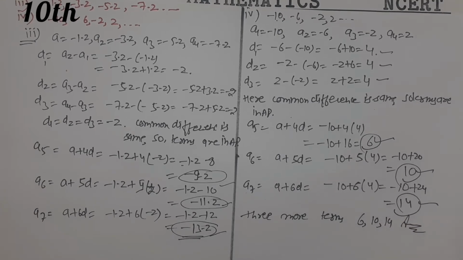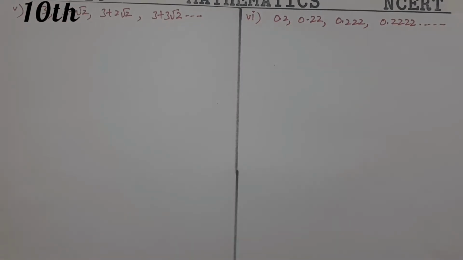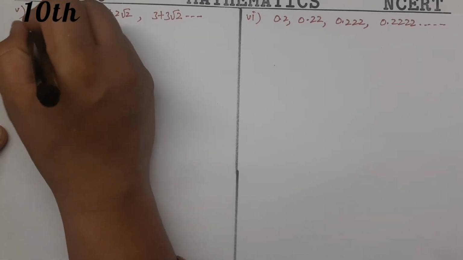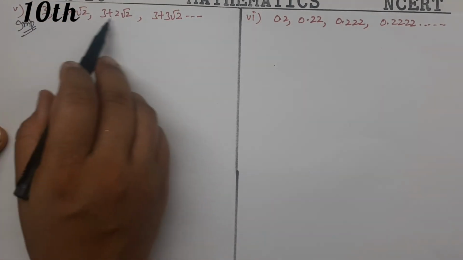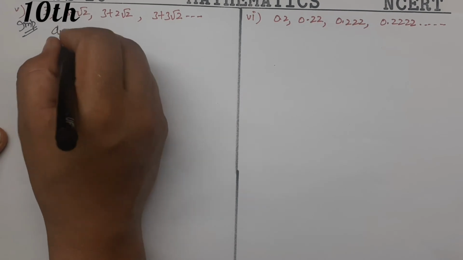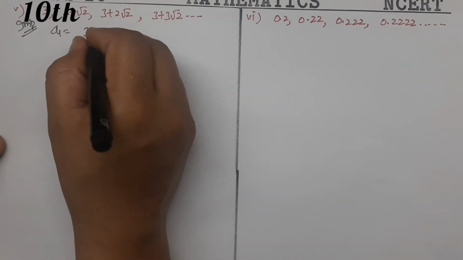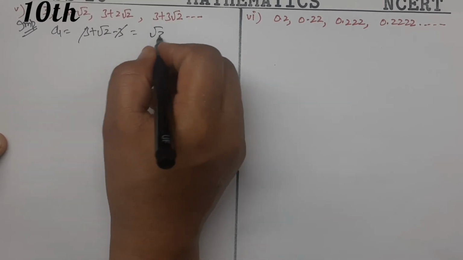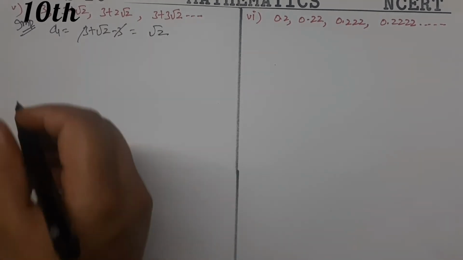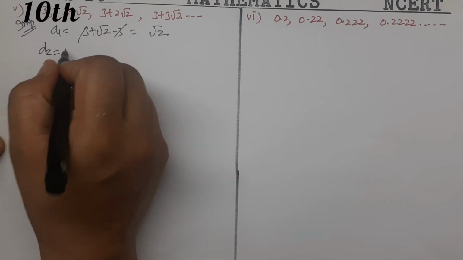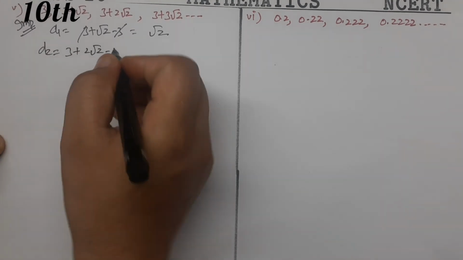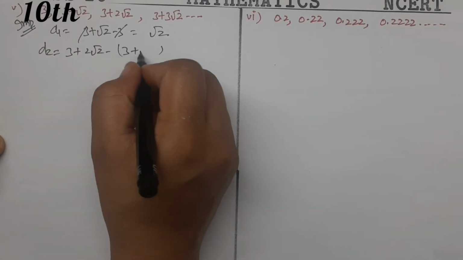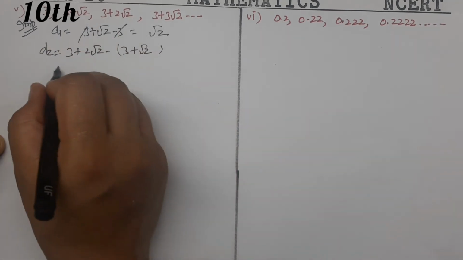Next is part 5th, important part. a1, a2, a3, a4. First we will find d1 = a2 minus a1. Cancel. Here d1 is 2. Next, minus, use bracket because of the binomial expression.